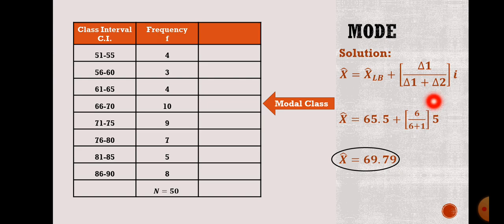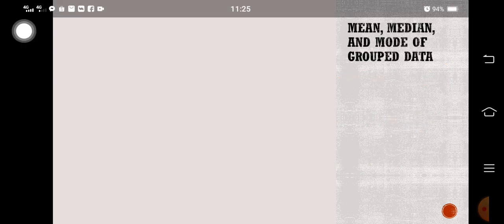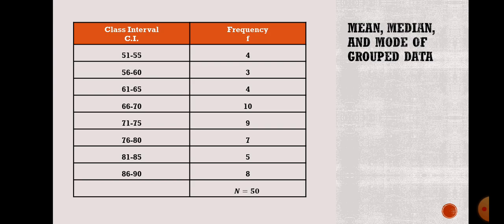Again, 6 divided by 7 equals, multiply it by 5 equals, and then finally add 65.5 and press equals. So the mode would be 69.79.